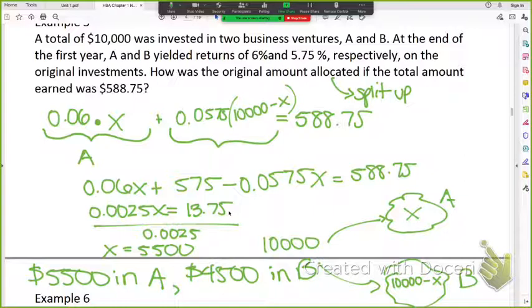They want to know how it was split up. Therefore, you want to know both what you invested in A and B. You know A from solving for X because we said we put X in A. We find B by subtracting. Did we do okay on the solving part of that?